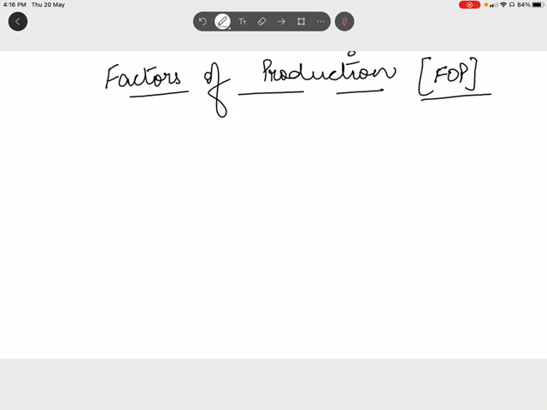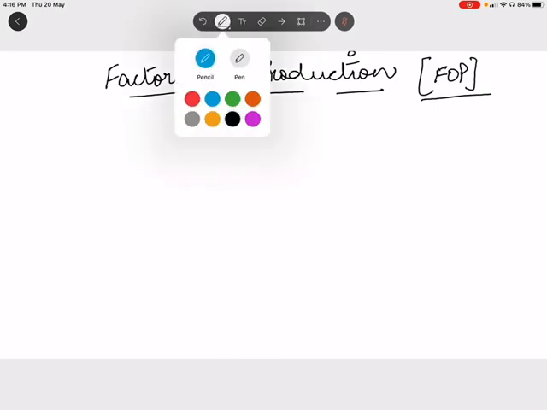Now, in order to understand what factors of production are, let's start with the definition of factors of production.